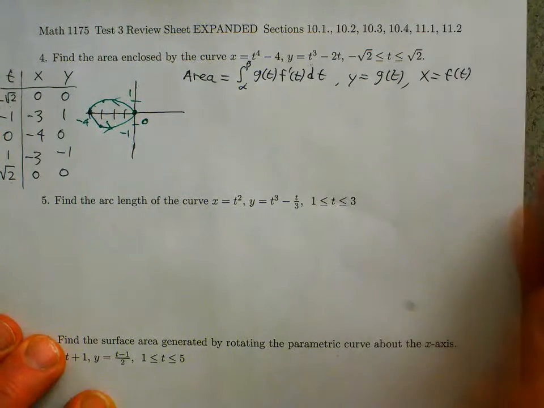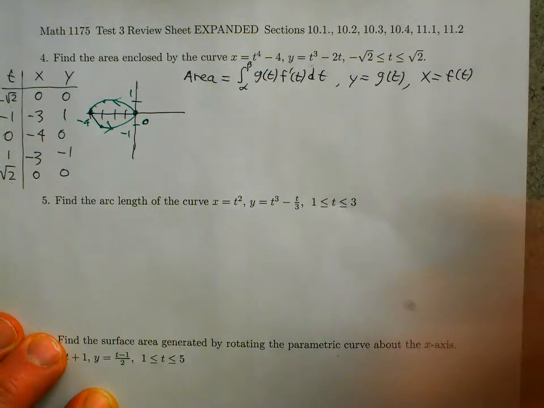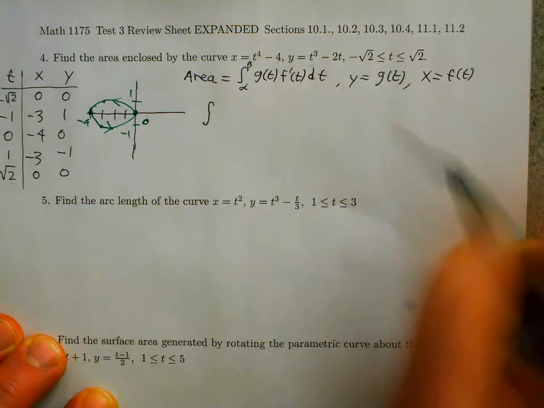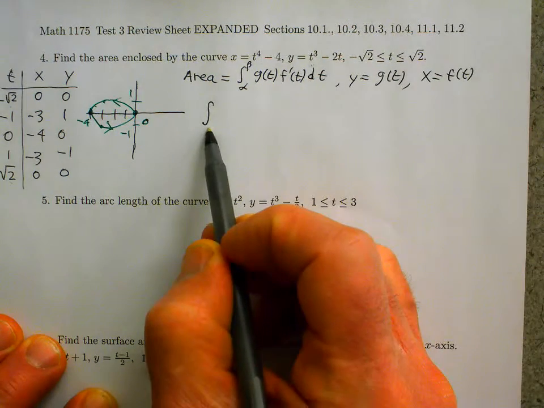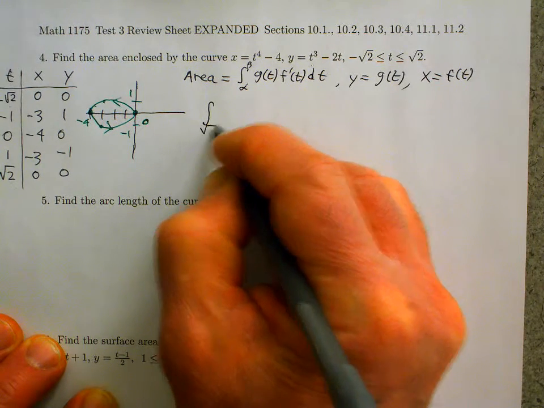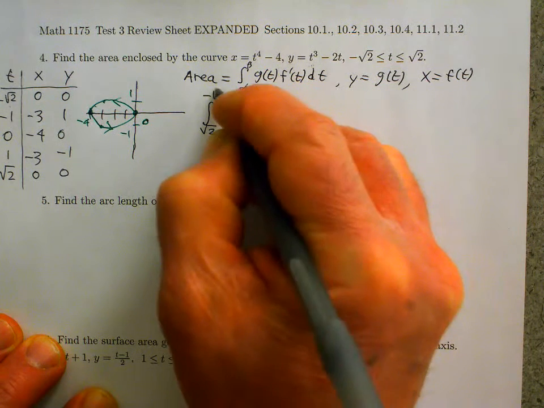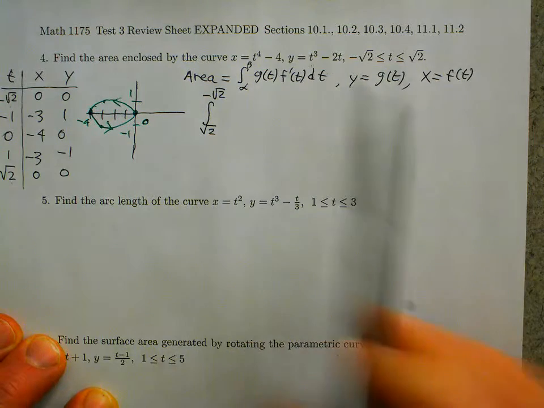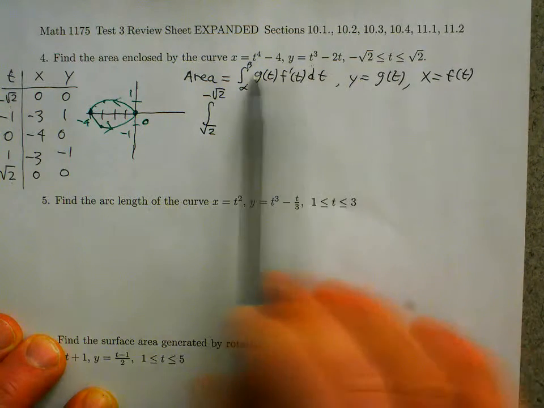So if we want to get a positive number for the area, we have to evaluate this integral from √2 to -√2. You might remember when we talked about the orientation of a curve.